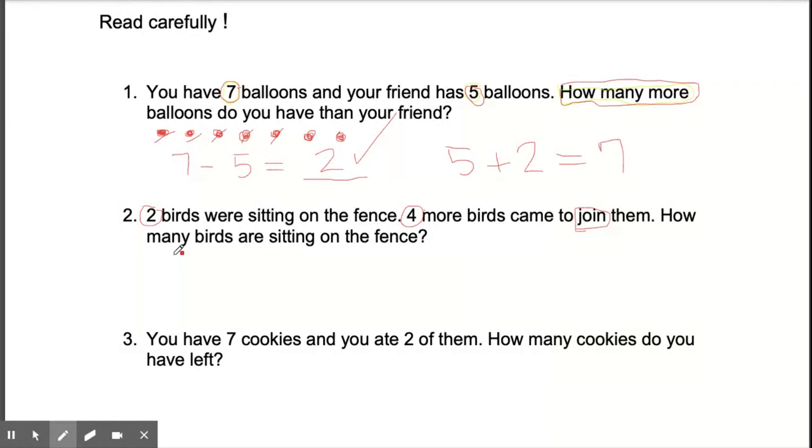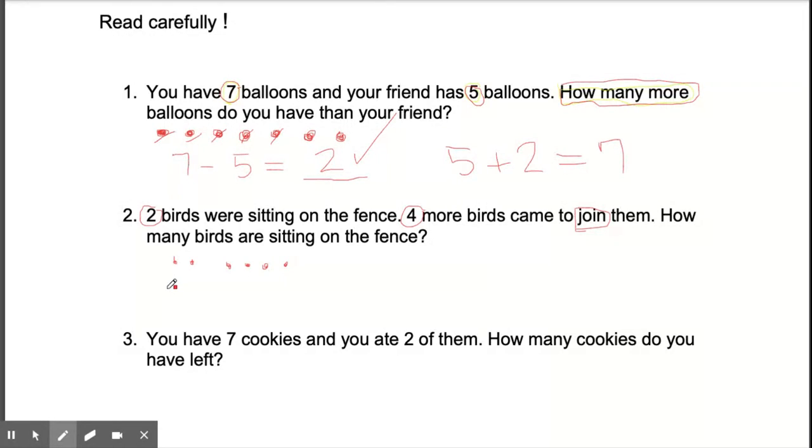So we had 1, 2, and then we added 4. 1, 2, 3, 4.